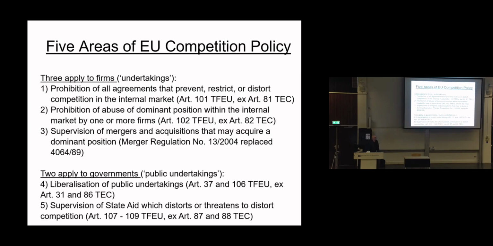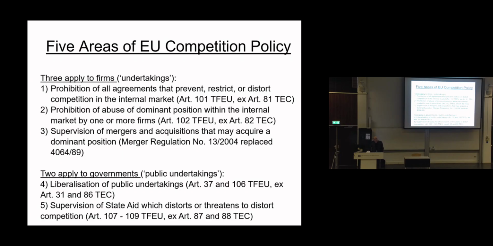And there are 2 fields that refer to the governments, being the member states. In the past, the member states had a lot of state firms and state agencies, and these were considered public undertakings, and their liberalization and antitrust policies were also in place.